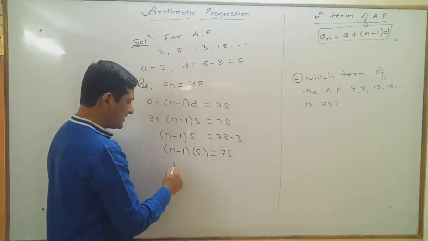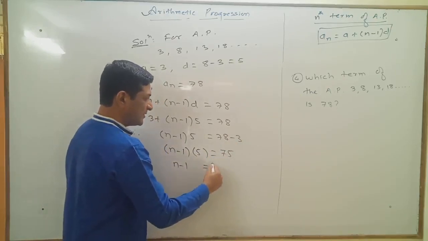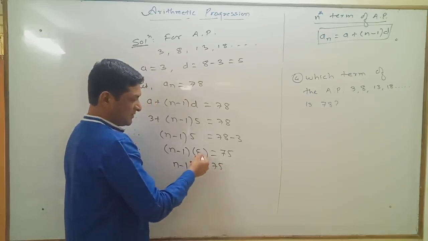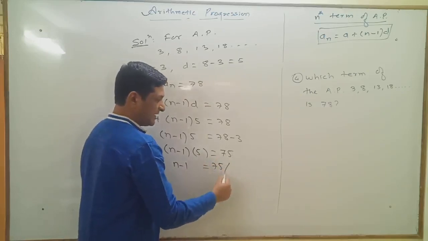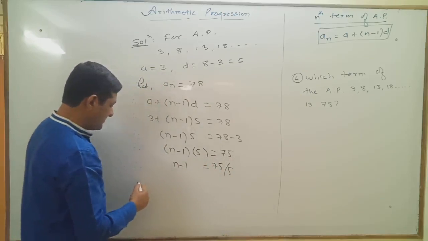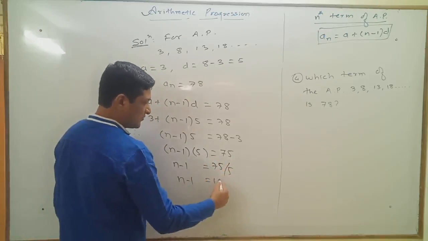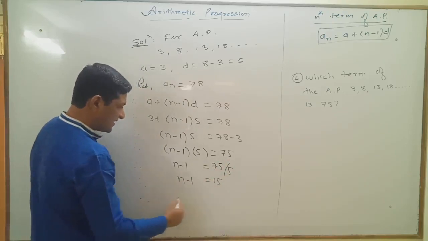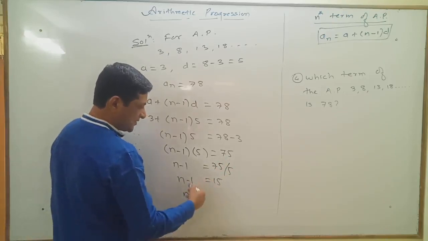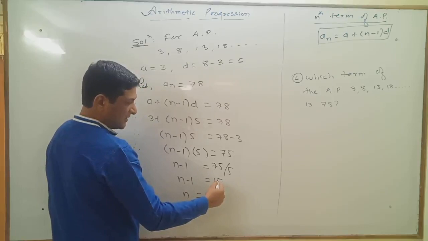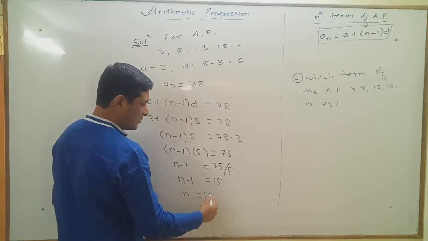So n minus 1 into 5 is 75. This 5 is multiplied on this side, it will get divided. So n minus 1 is equal to, this division will be 15. So n is equal to, minus 1 on this side will become plus 1. 15 plus 1 will be equal to 16.